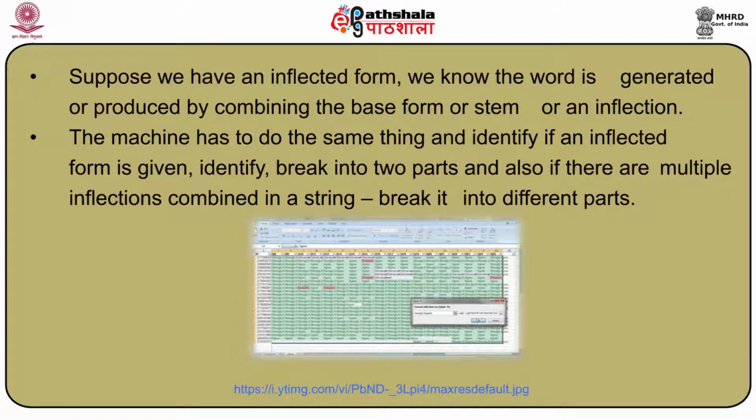If an inflected form is given, it has to identify it and break it into two parts, the base part and the inflection part. Also, if there are multiple inflections combined together as a string, it should break them into different parts, so that we know how these components are joined together to generate the inflected form, and it is tagged with the base part.